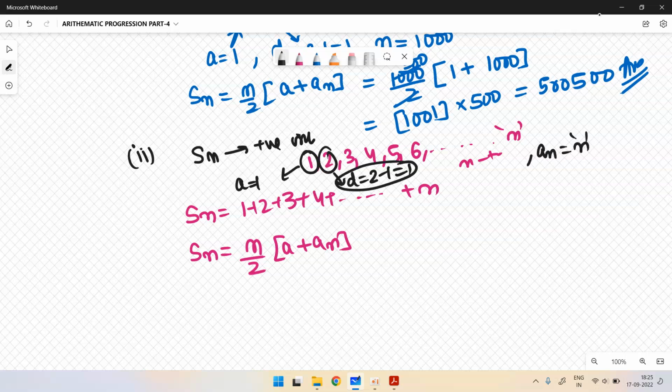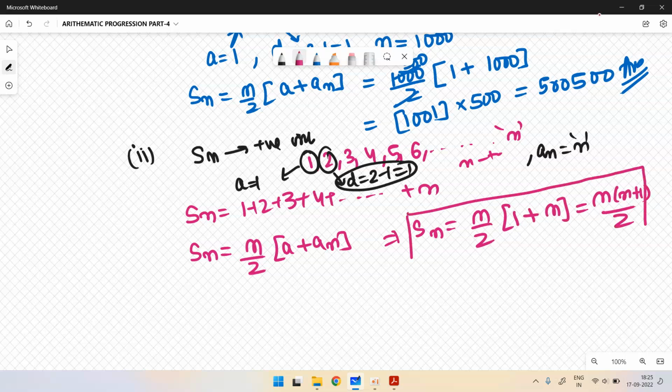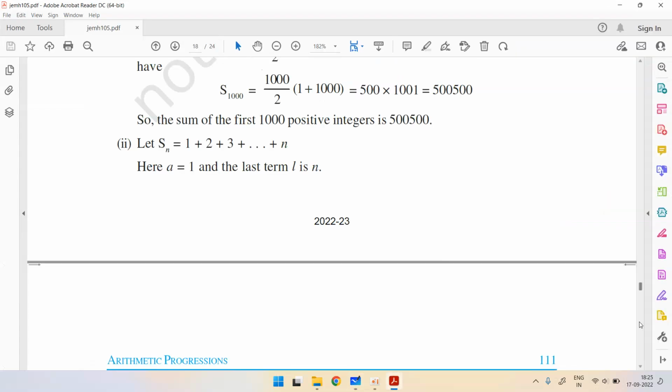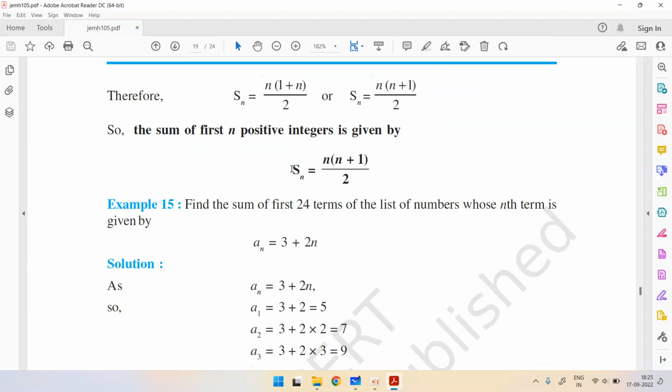Putting these values in the formula, S of n equals n by 2, in place of a you write 1, in place of the nth term you write n. This is n into n plus 1 by 2. So the sum of the first n positive integers is n into n plus 1 by 2. This is the answer.